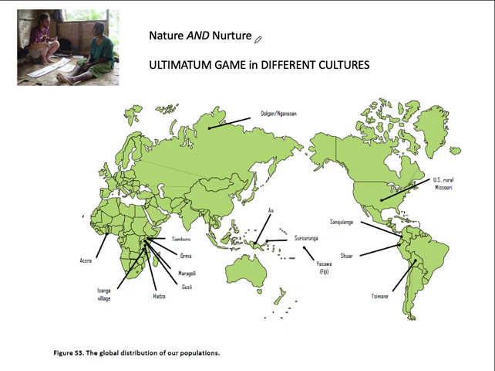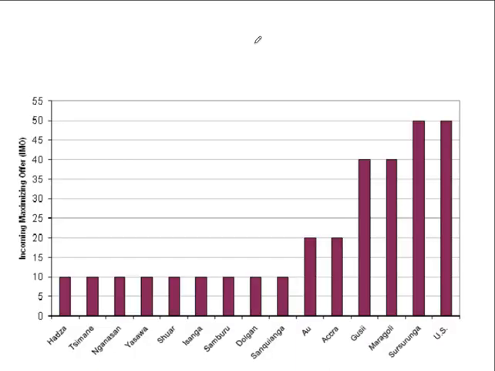And so what people have done is they've looked at this question in different parts of the world, in different human populations, and they've asked the question, like, what is a fair proposal? And so this figure is showing what's called the IMO, or the income maximizing offer, for different populations around the world.